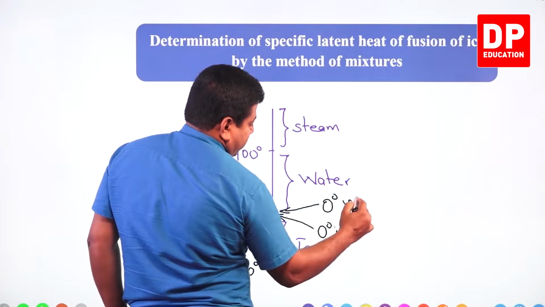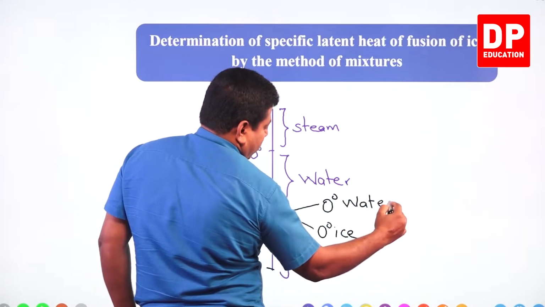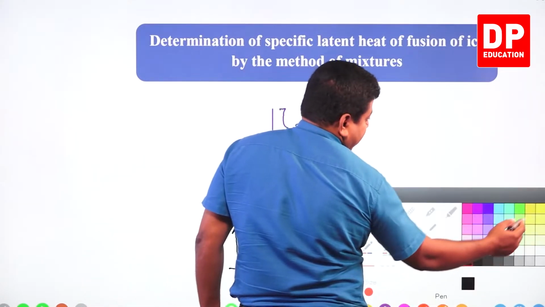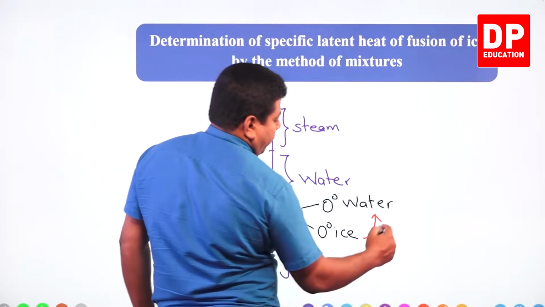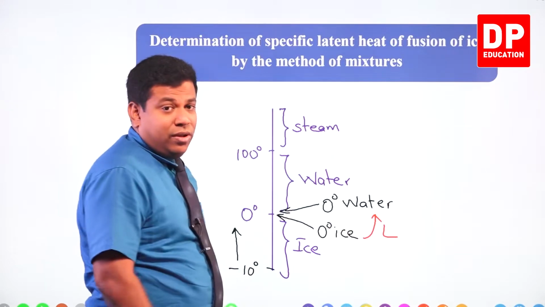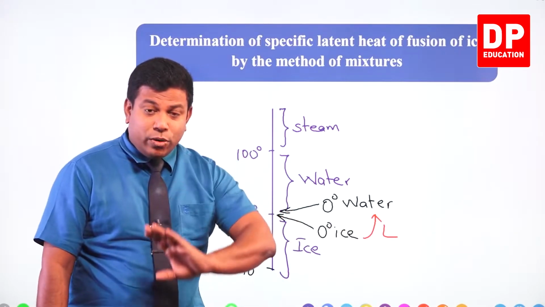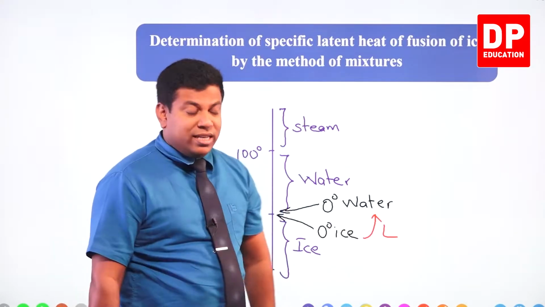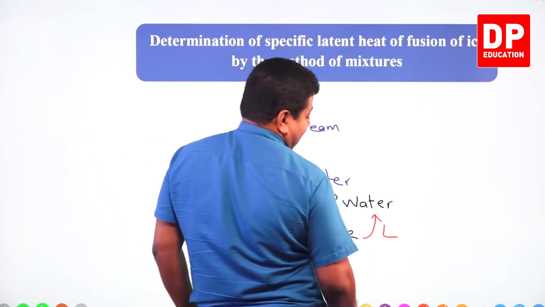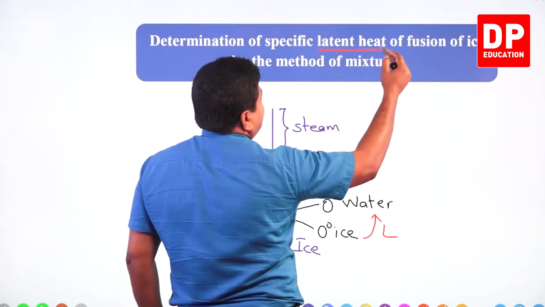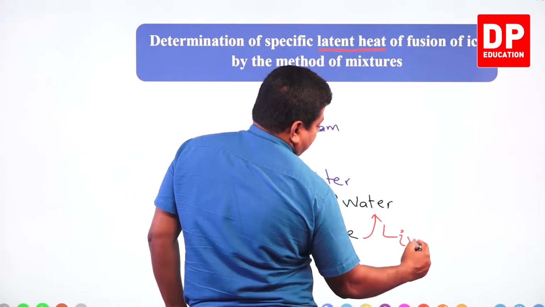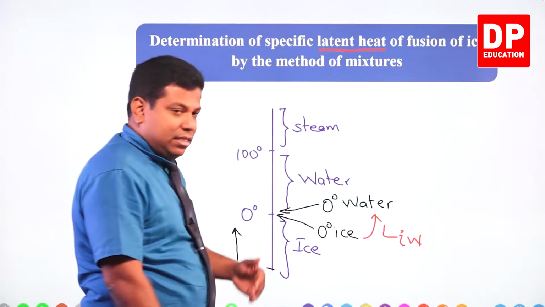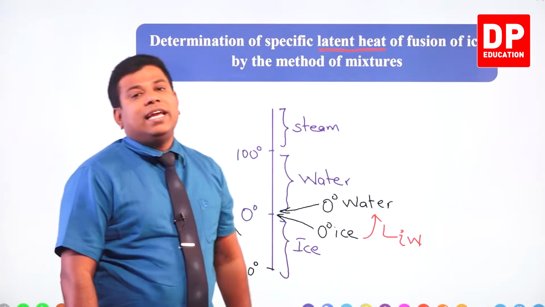To convert 0 degree ice to 0 degree water, the heat required is L. That is what we call latent heat. We mark it as L_i_w. That means for ice to change into water, the latent heat required.